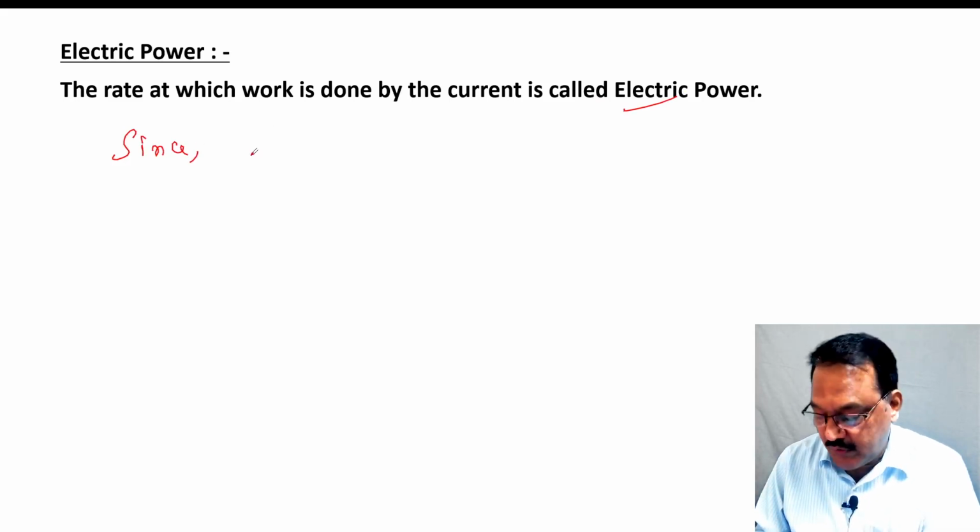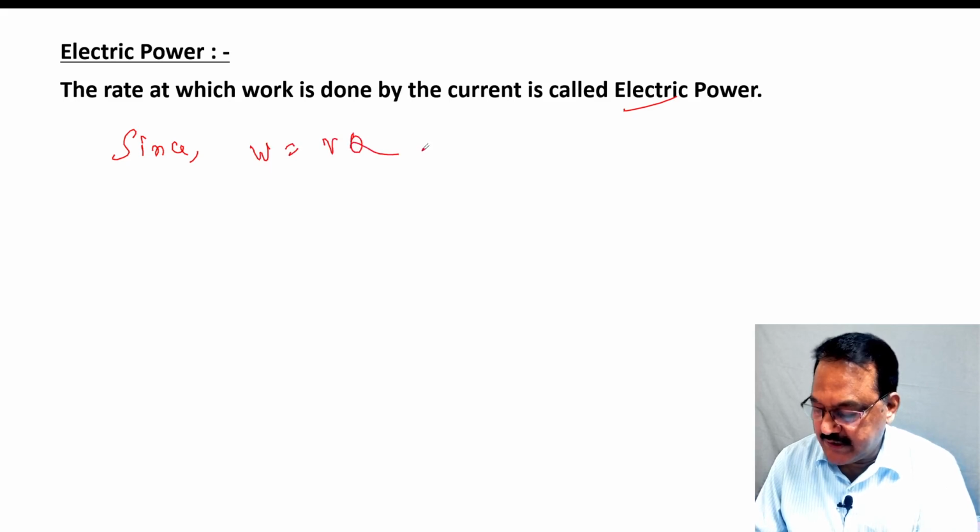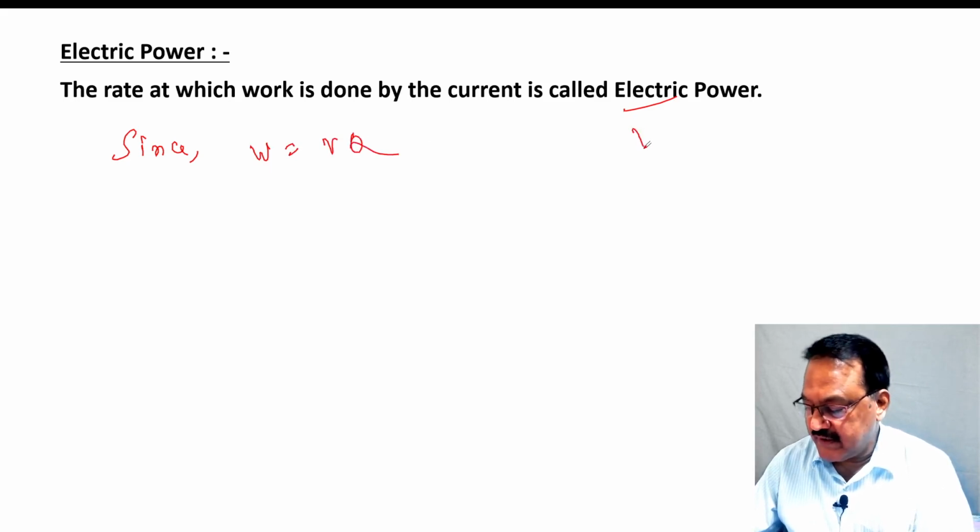Okay. So as per definition, we can write here, since we know what work is equal to, V and Q. We have calculated here, V is equal to W by Q. This is the basic formula.